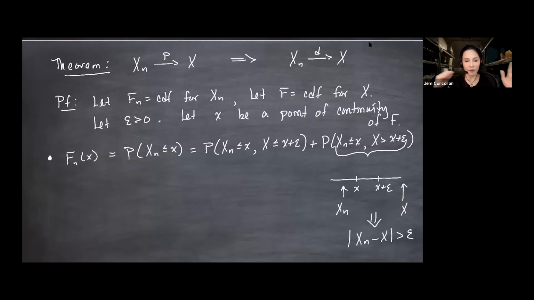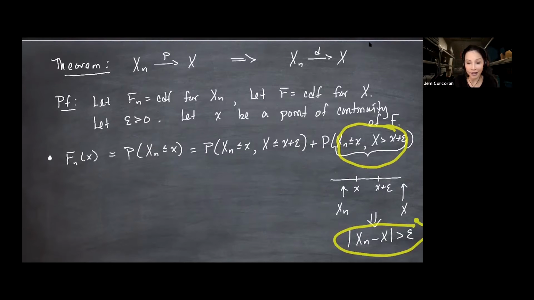If you move totally far away from that point x, go somewhere else on the number line, you can have Xn minus X be greater than epsilon apart without having Xn less than x and X greater than epsilon plus x. So this guy as an event is a subset of this guy. If this happens, this must happen. But if this happens, this didn't necessarily happen.